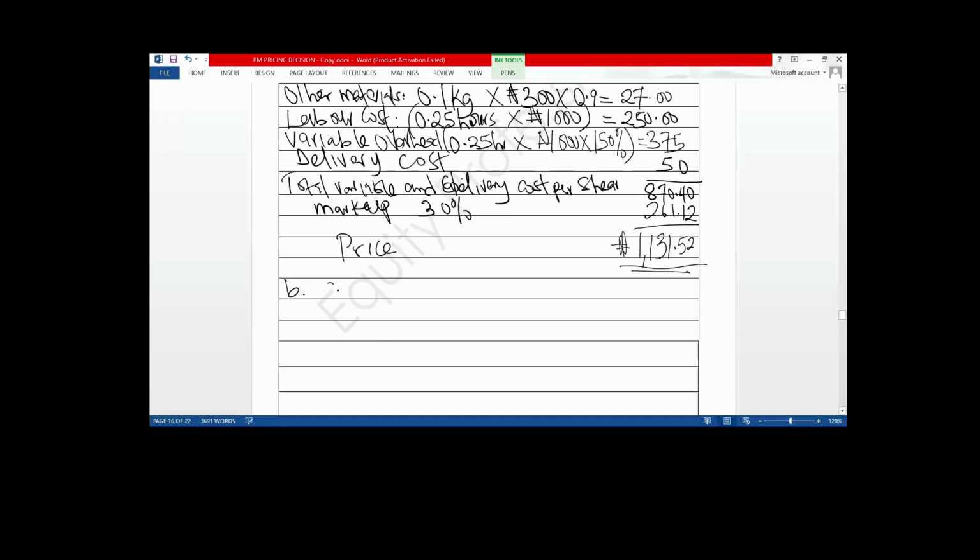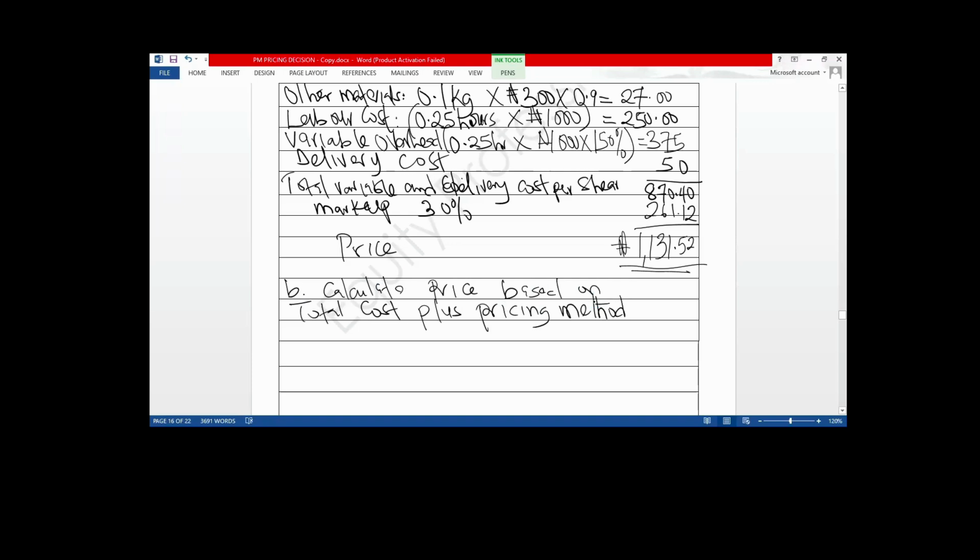B says, calculate price based on total cost plus pricing method.